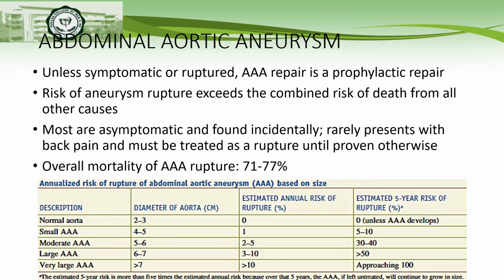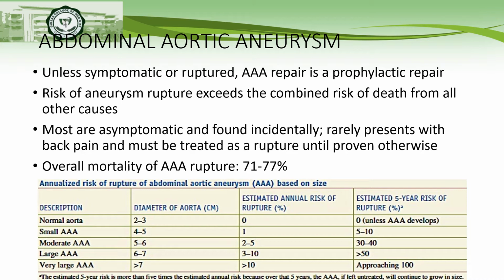The overall mortality of AAA rupture is very high at 71 to 77%. So usually if rupture occurs at home, it is automatically DOA, or if the patient arrives at the ER, the patient is already very toxic. So prophylactic repair is best.